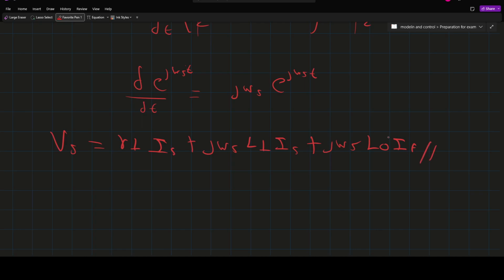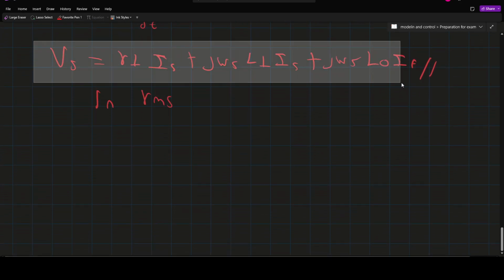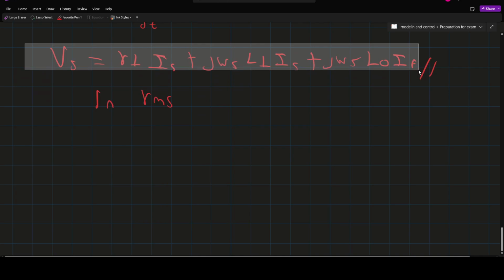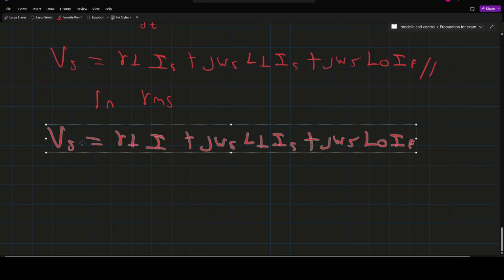Well, we have peak values. Now, in RMS, we just need to divide everything by square root 2. So it's going to be the same, but over square root 2.